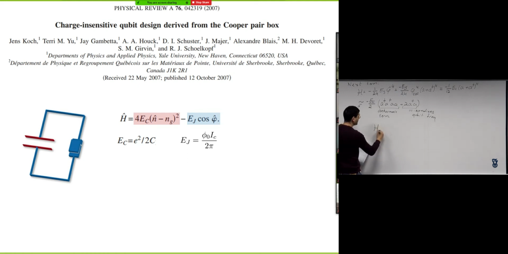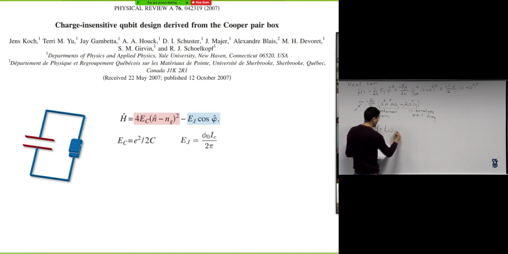So if I write the full Hamiltonian, we're going to get h bar omega A dagger A. This is going to be our renormalized frequency.